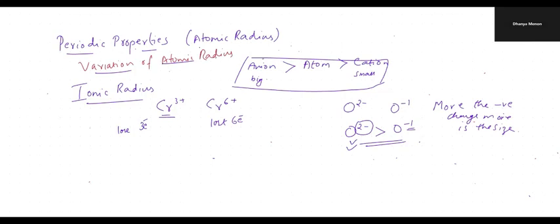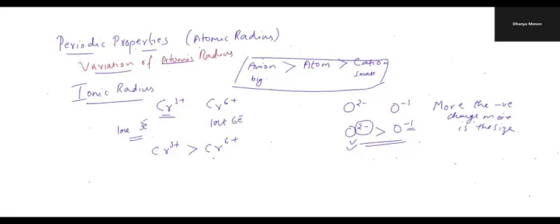This has lost only 3 electrons, so chromium 3 plus is greater than chromium 6 plus. Here, students, in chromium 6 plus, this particular chromium has lost 6 electrons.